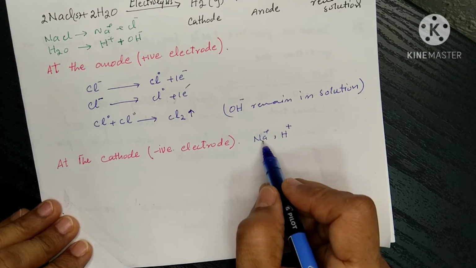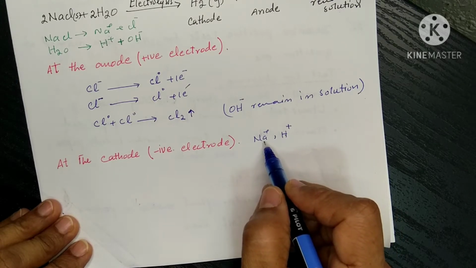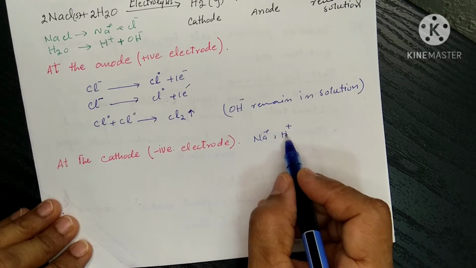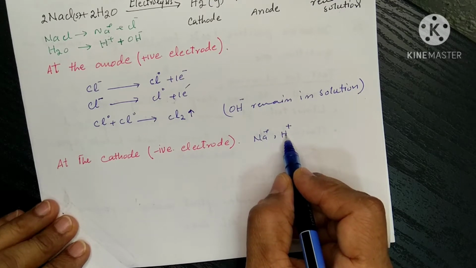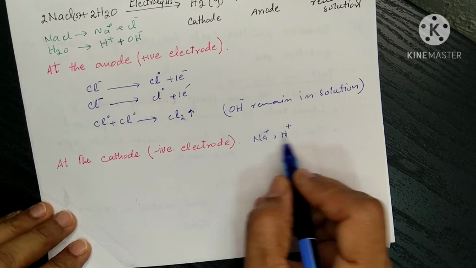If we compare sodium and hydrogen, hydrogen is less reactive as compared to sodium. So hydrogen ions will reduce at the electrode, and sodium ions will remain in the solution.